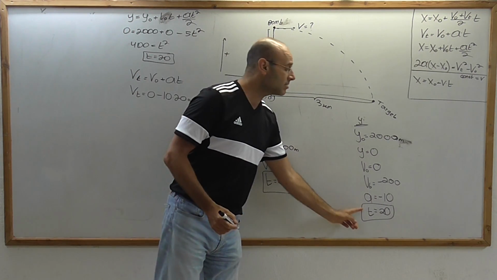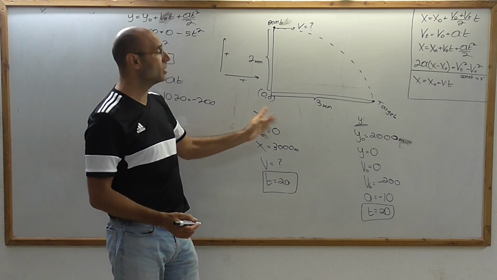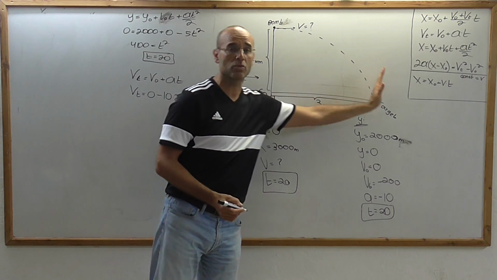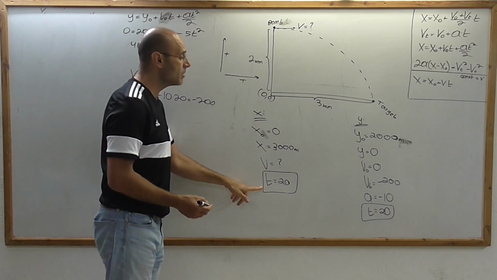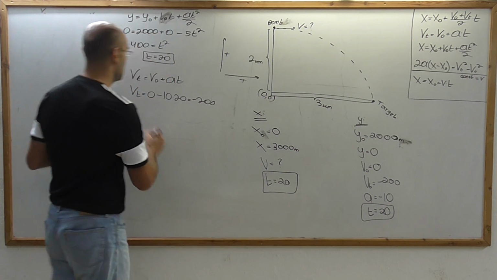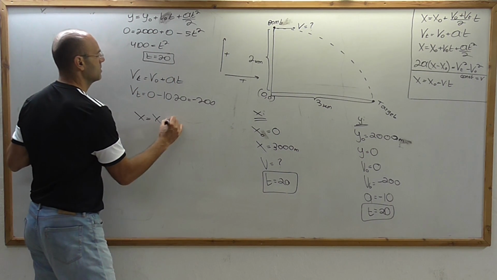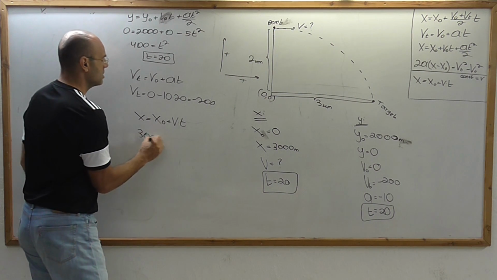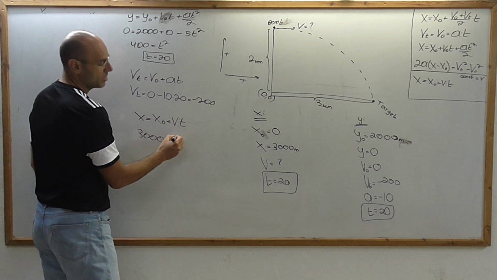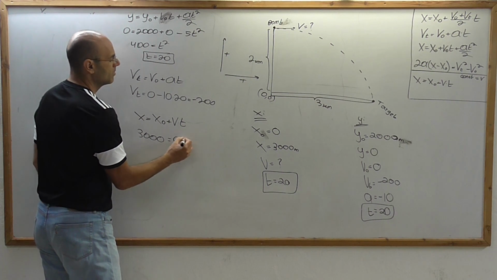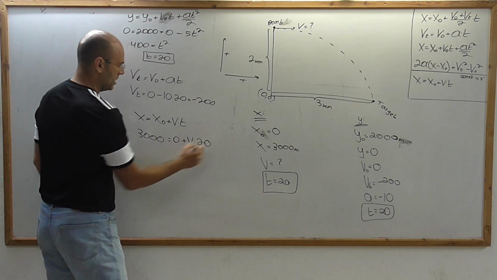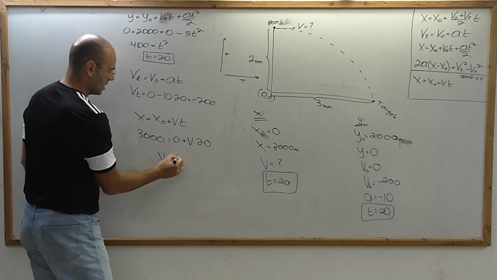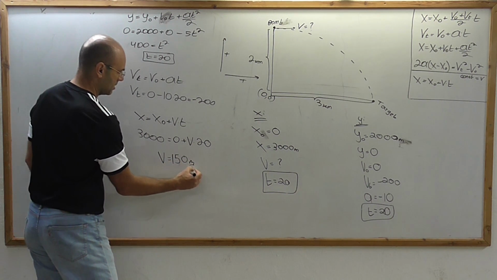If it took 20 seconds to go down, it will take 20 seconds to go to the right. So I know that the time is 20, now I can find the velocity with this formula, because it's constant velocity. So 3000 equals 0 plus V multiplied by 20, so V is 150 meters per second.